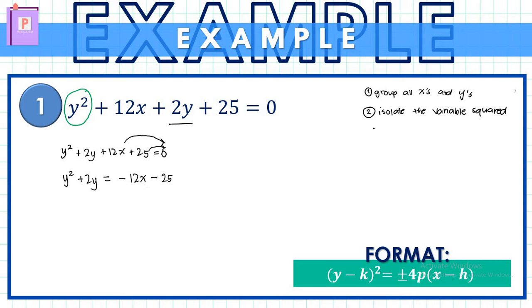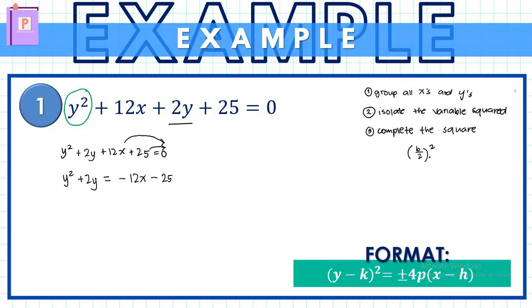After that, the next step is to complete the square. In all cases where you are asked to transform general to standard, you're always going to apply completing the square. I hope you can still remember that from our discussion last time regarding circles. Again, the formula that we need to remember in completing the square is b over 2 squared.